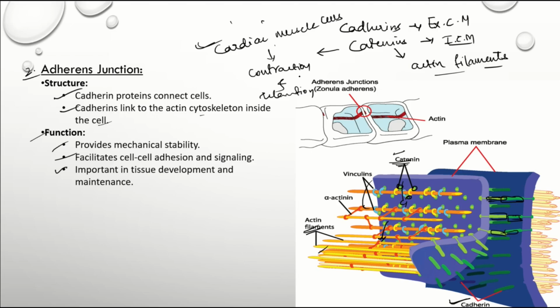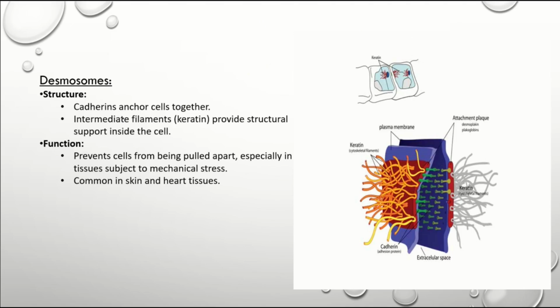So the next one is desmosomes. What are desmosomes? Desmosomes are a type of cell junction. Here also the cadherins are present. The cadherins are present in the plasma membrane of each cell, and the cadherins of one cell are attached to the cadherins of another cell, the adjacent cell.